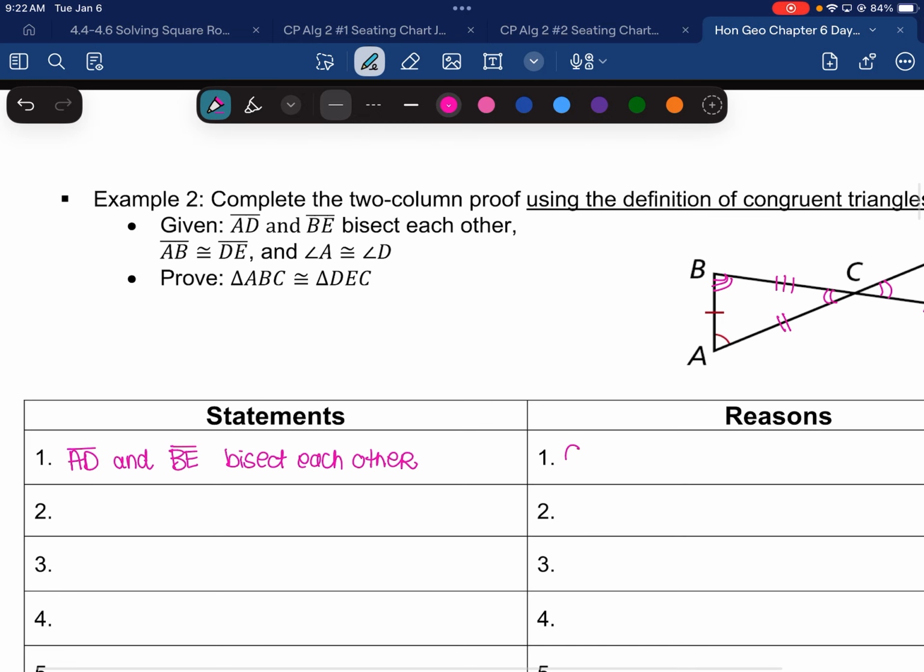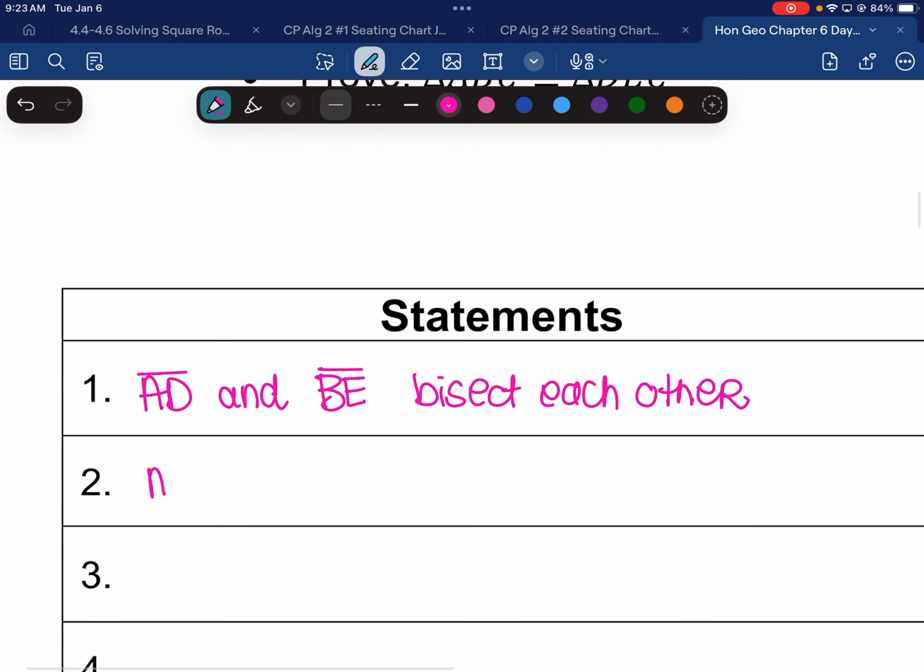Okay? So this was given to you, but then it helped you mark that AC was congruent to DC and that BC was congruent to EC.